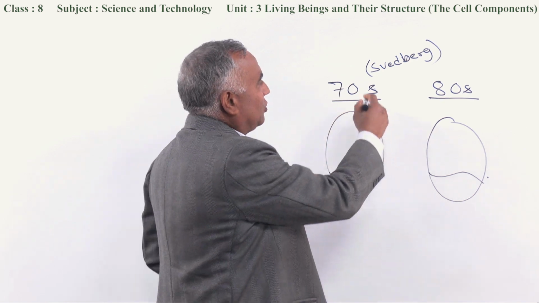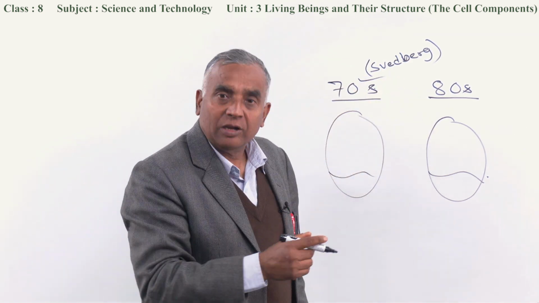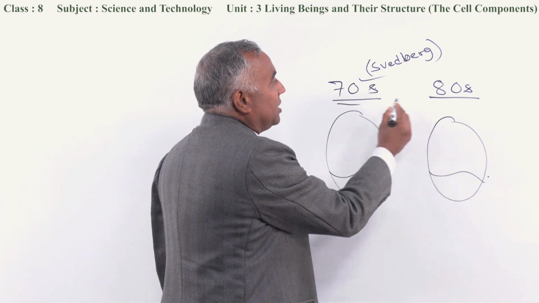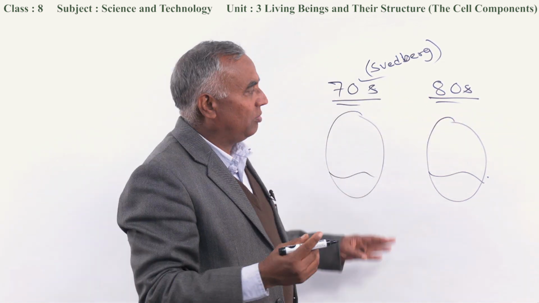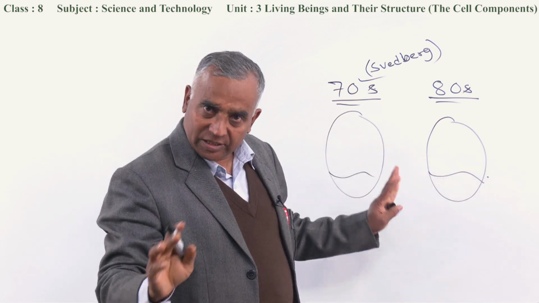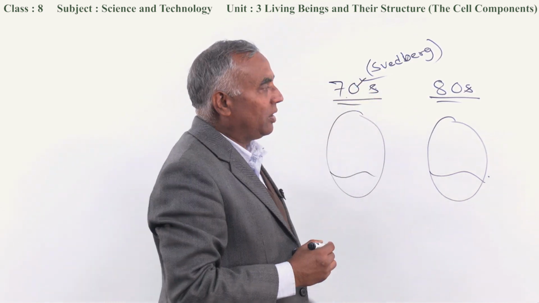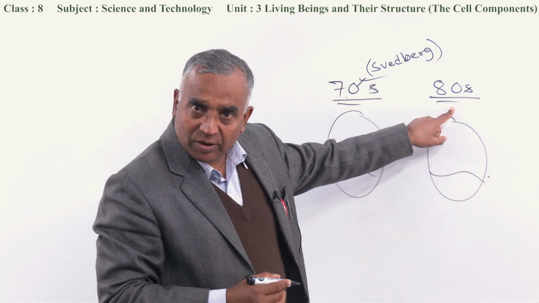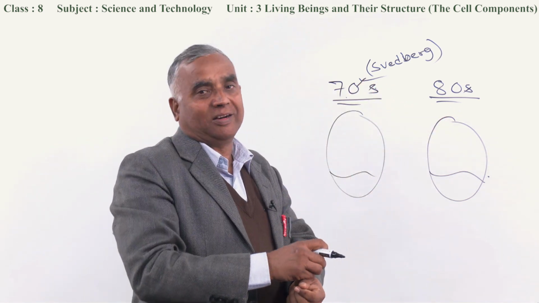Up to STE also that is not required. Yes, but because it is given in your book, you should know what is 70S, what is 80S, why it is given there. So, for your exam, not necessary. For your knowledge, you can say that it is 70 Svedberg and it is 80 Svedberg, and it shows the sedimentation capacity of that particle.